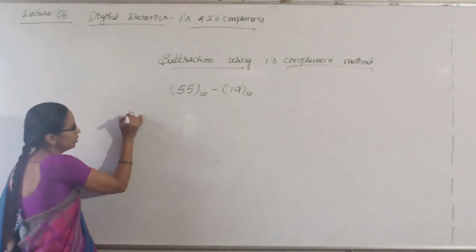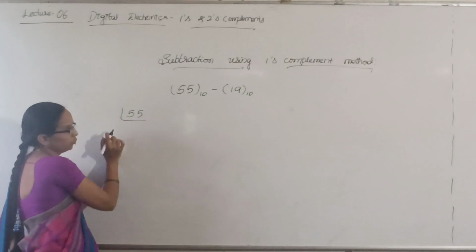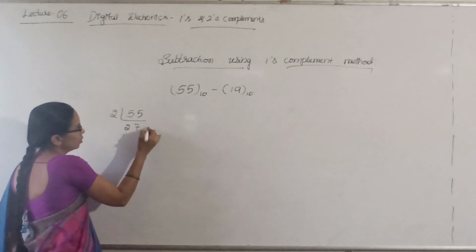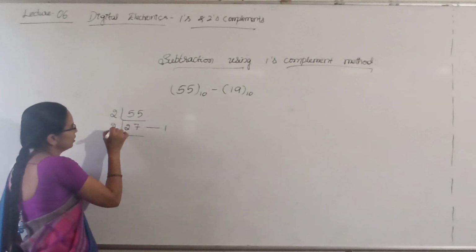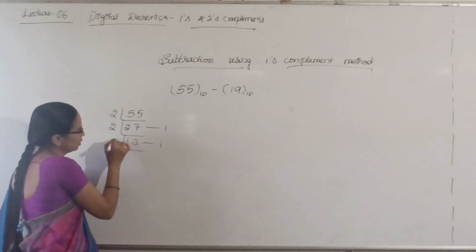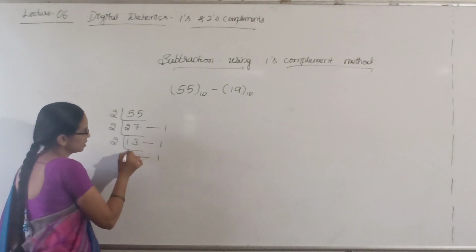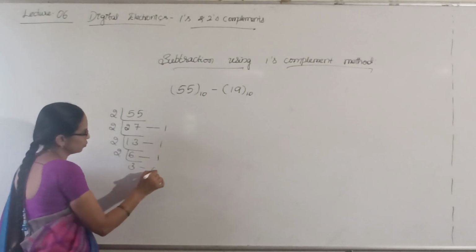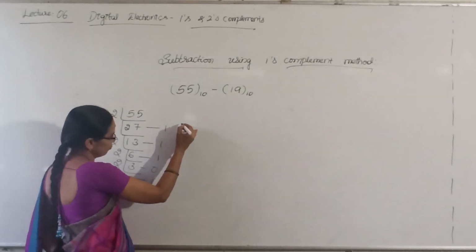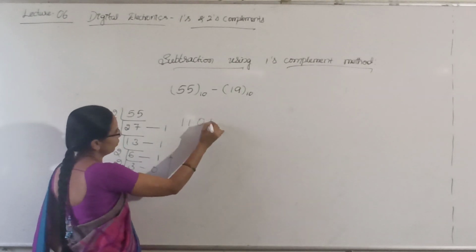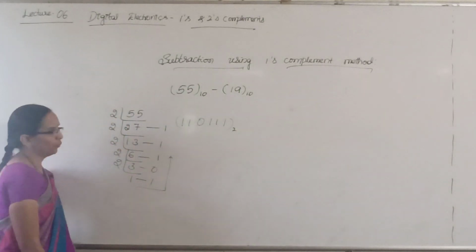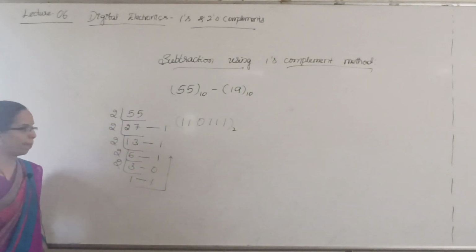First you have to convert 55 into binary. 2 27s are 1 is the remainder, 2 13s are 1 is the remainder, 2 6s are 1 is the remainder, 2 3s are 0 is the remainder, 2 1s are 1 is the remainder, and 55 can be written as 110111, our binary equivalent of 55.